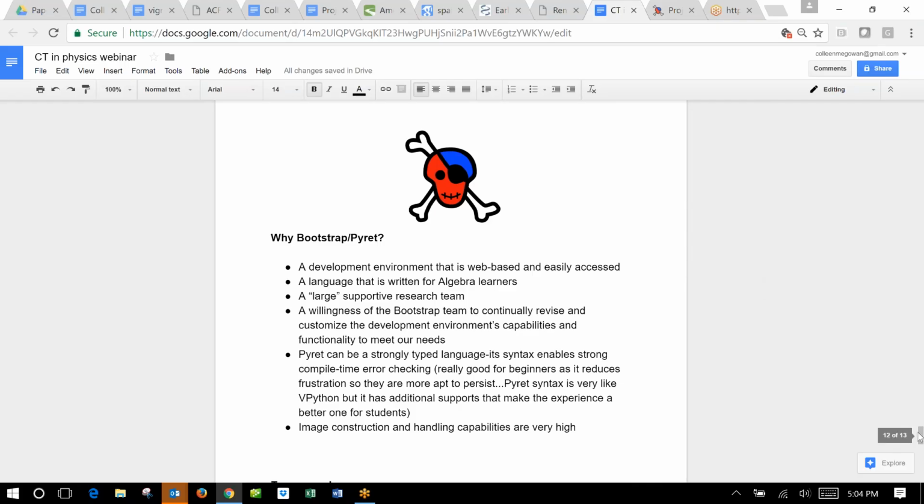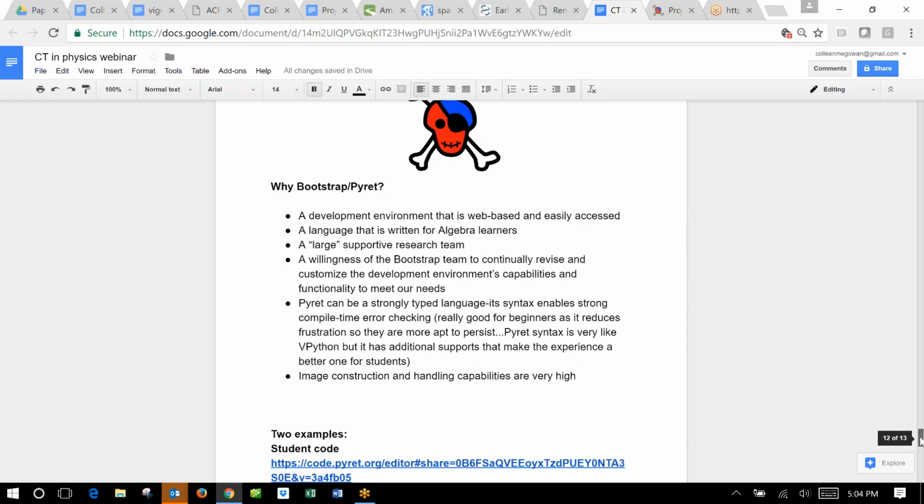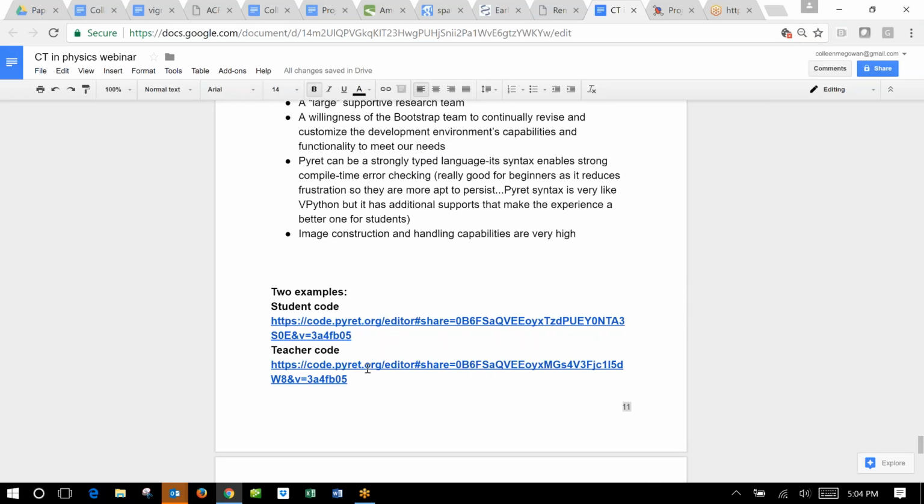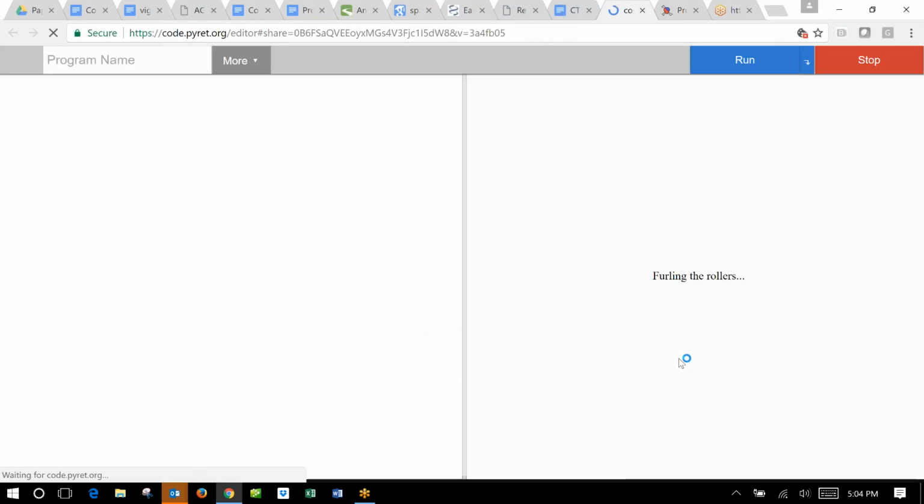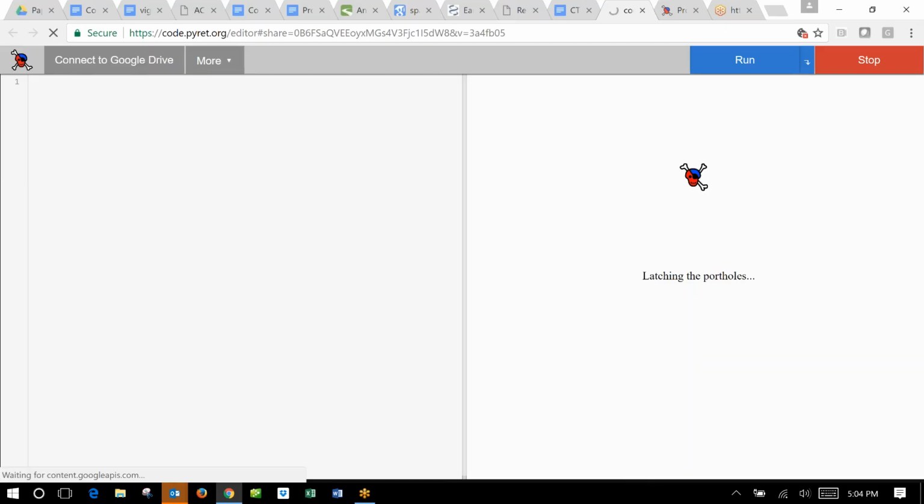So I'm going to take a moment now and show you the other little bit of code. That was student code that I showed you. This is code written by a teacher that is in lieu of a lab because, most schools don't have access to 9-story elevators.